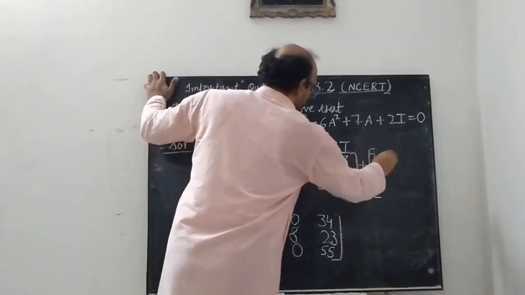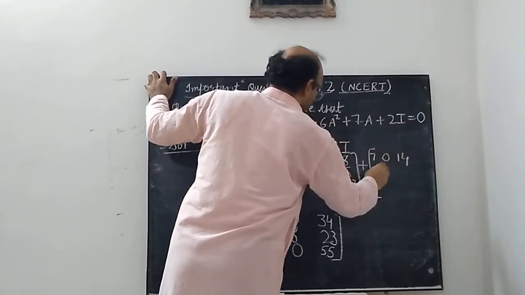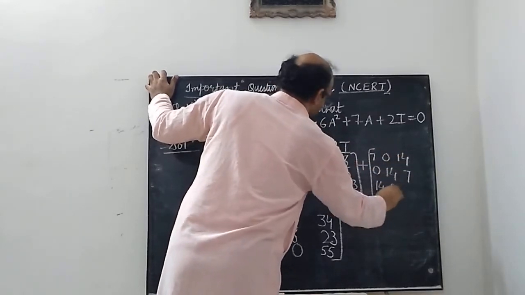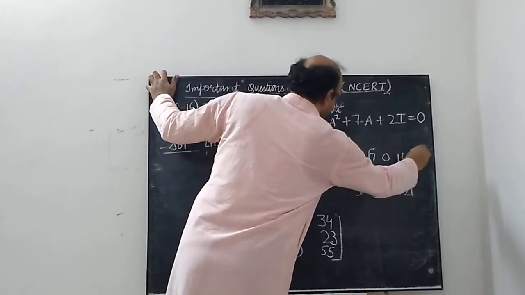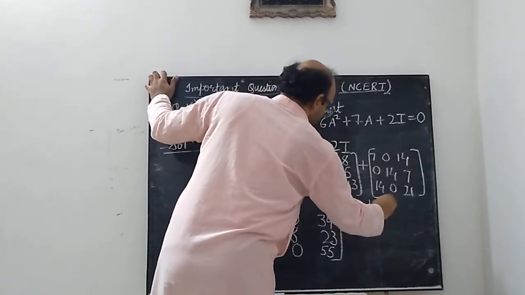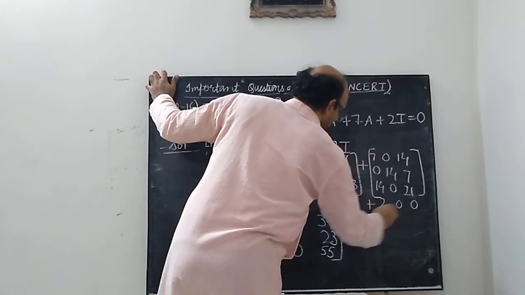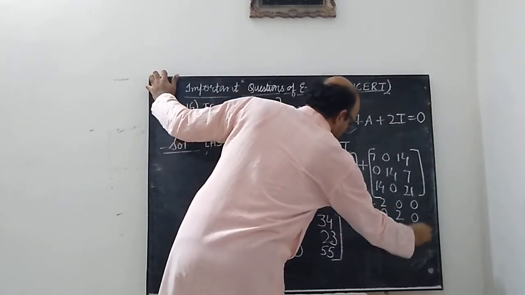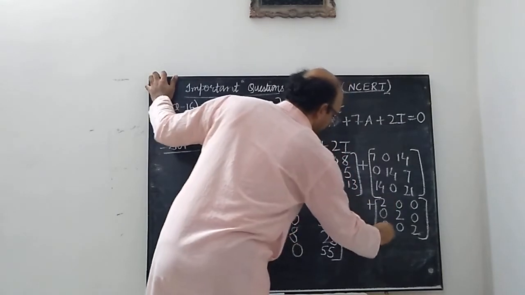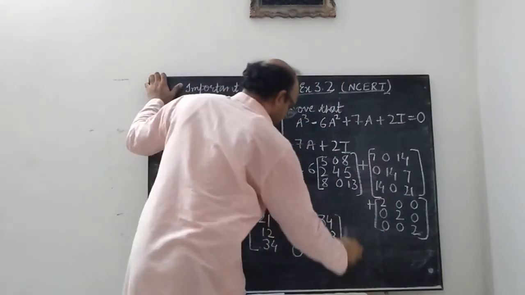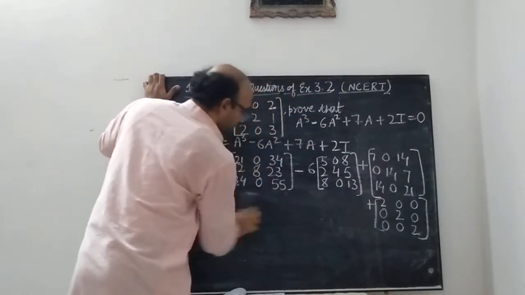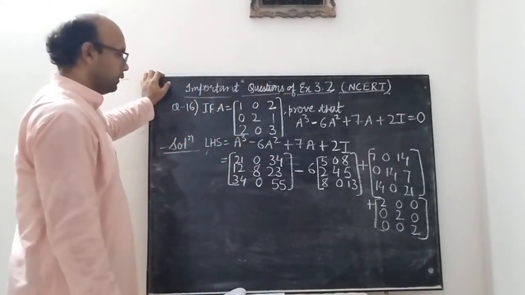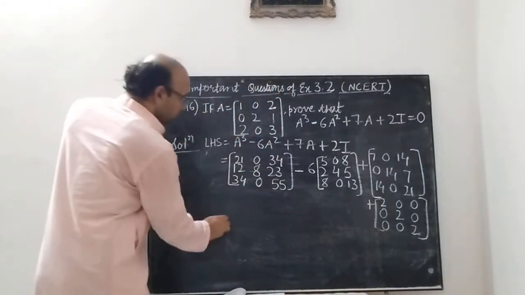So what we get is 7, 0, 14; 0, 14, 7; 14, 0, 21, plus the identity matrix being multiplied by 2. So the diagonal elements being multiplied by 2. We now simply have to solve the corresponding elements.